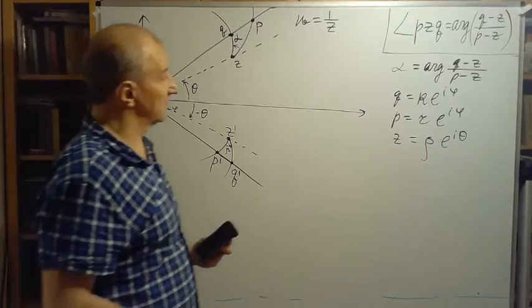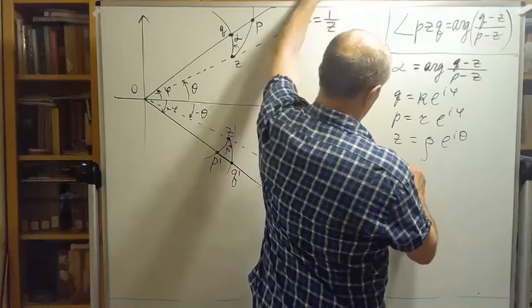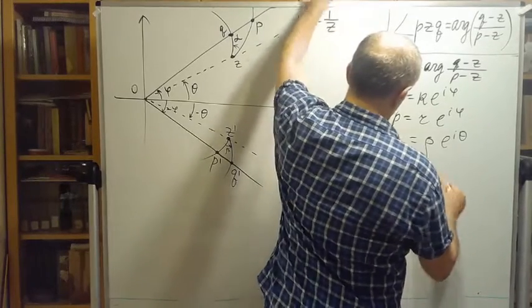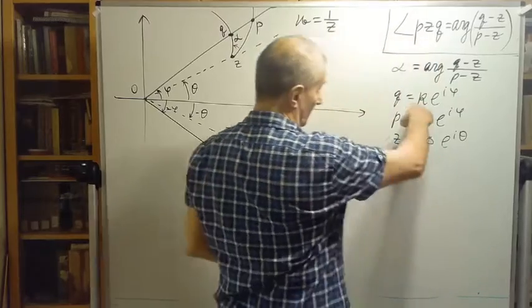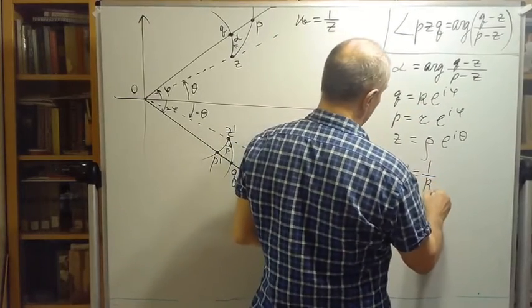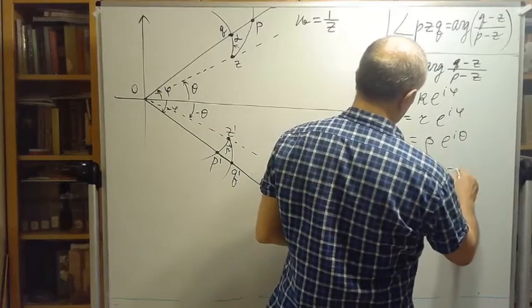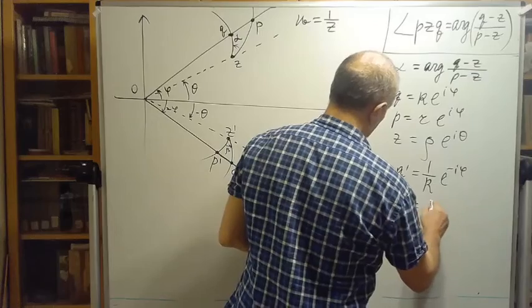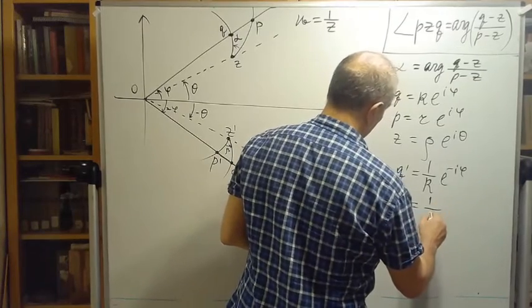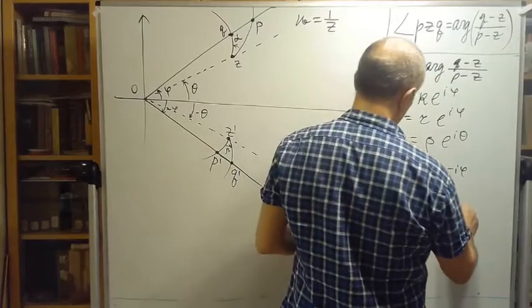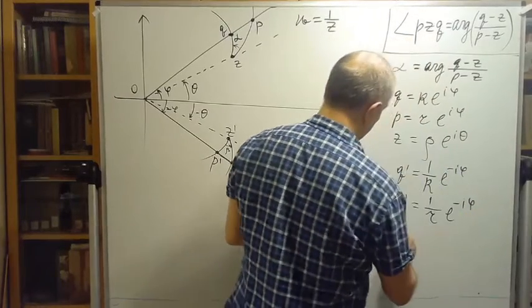And as a result of inversion, this point goes to Q prime equals what? What happens as a result of inversion? 1 over Q, yeah? So it will be 1 over R e to the power negative I phi. P prime equals 1 over R small e to the power negative I phi.